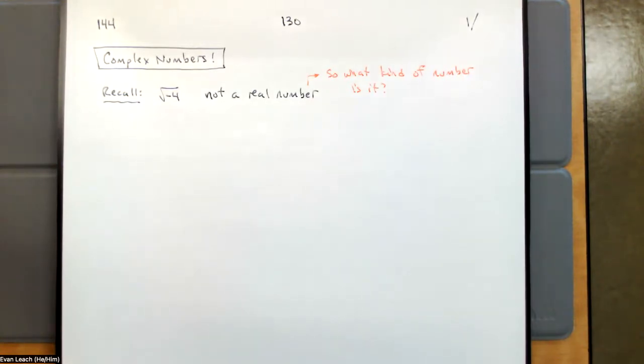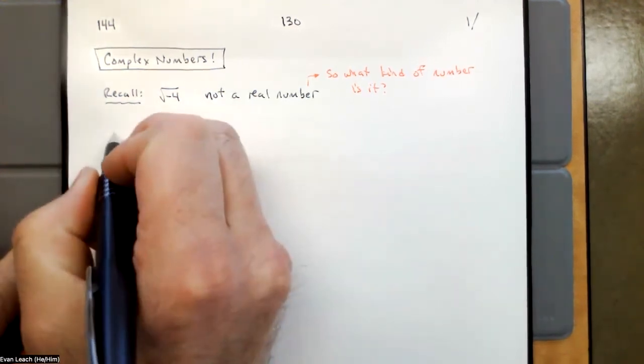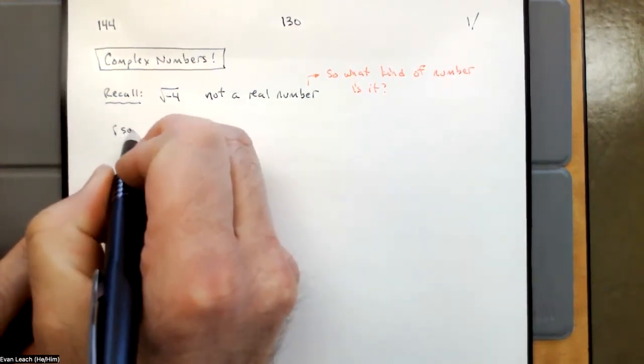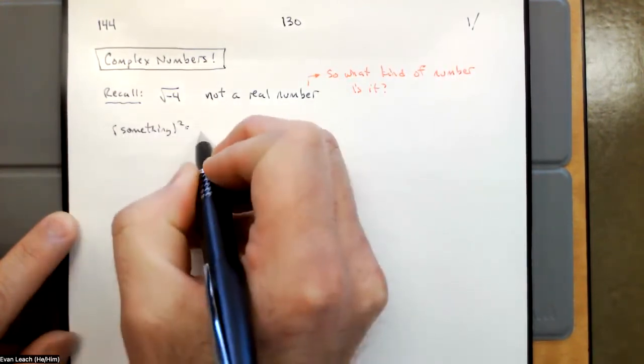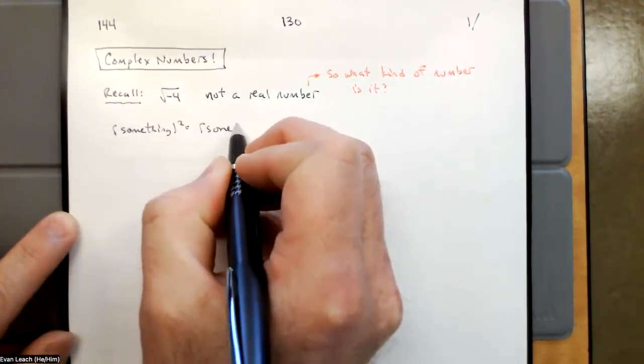So we did not like this situation when we're like, oh, the square root of -4, we can't take a number and square it and come up with a negative, because a negative times a negative gives us a positive, and a positive times a positive gives us a positive. When we square something, the signs are always the same. If we find the square of something, it's that thing times itself.